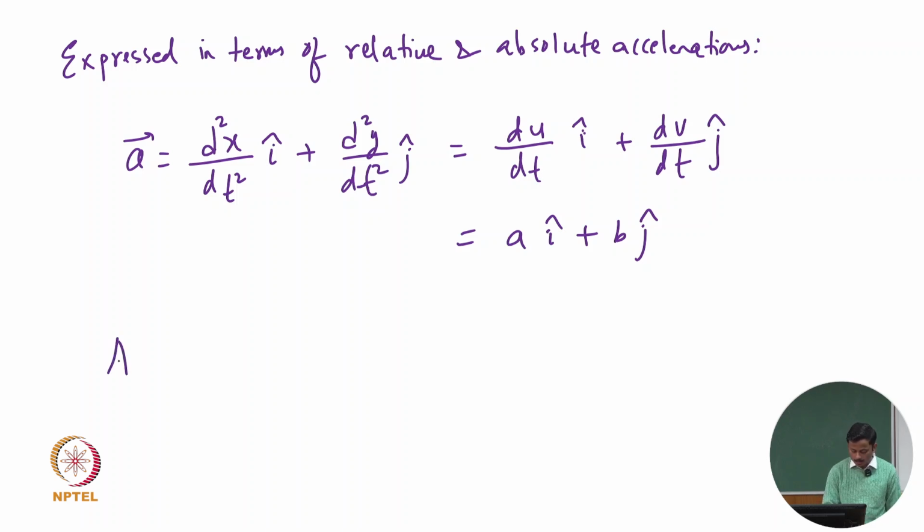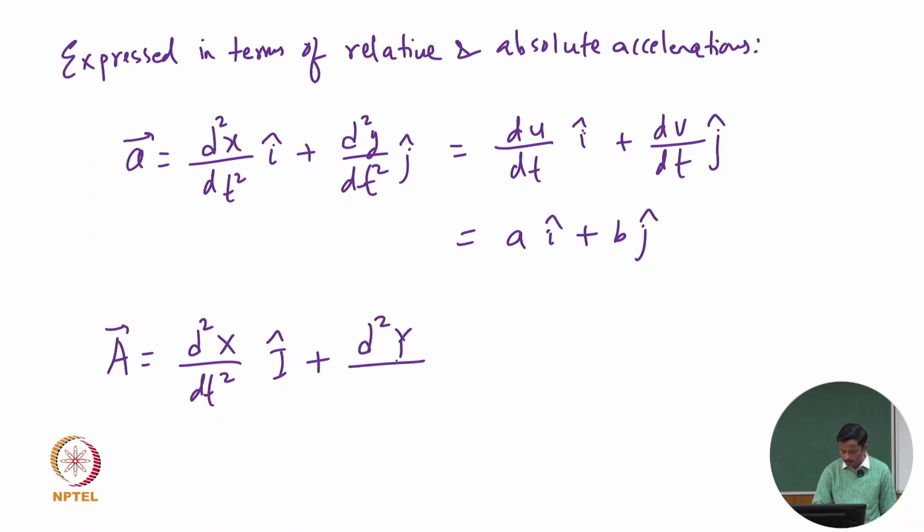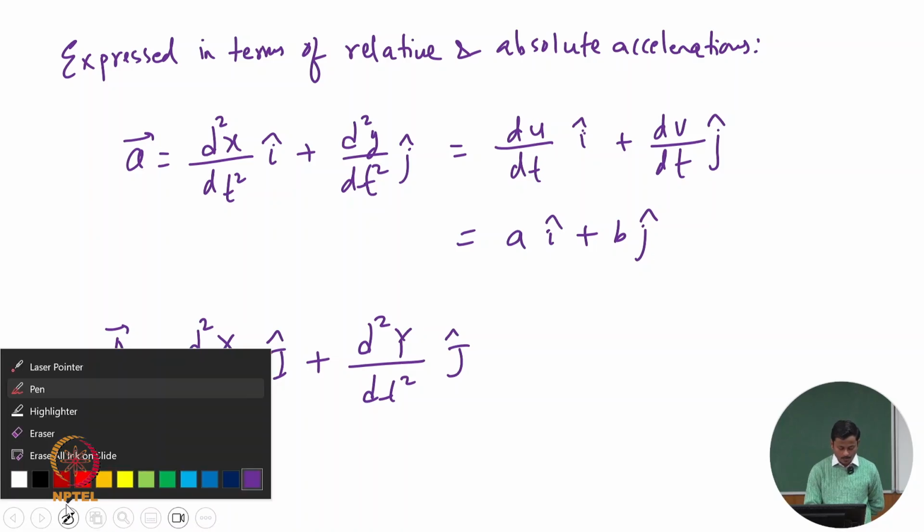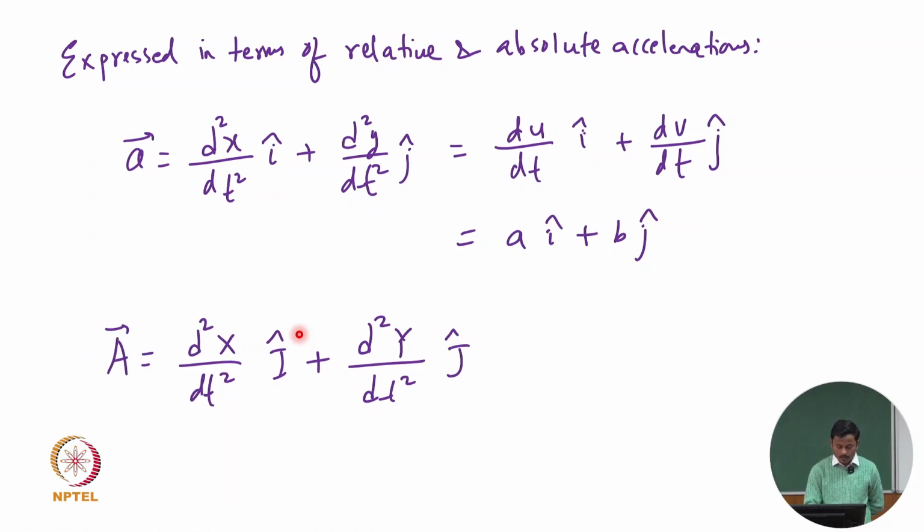The absolute acceleration, capital A, is d squared capital X by dt squared. Please note the difference of the small i cap, small j cap, and capital I cap and capital J cap here, and small x, small y, capital X, capital Y.